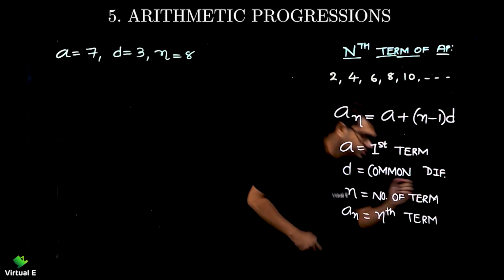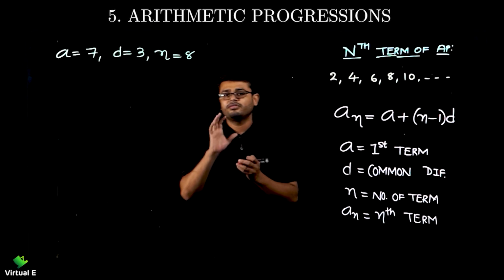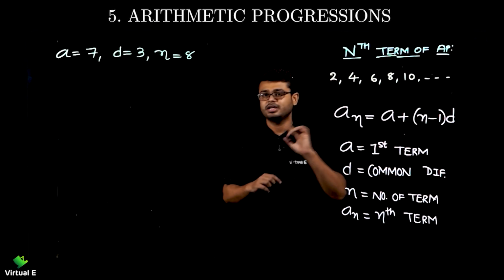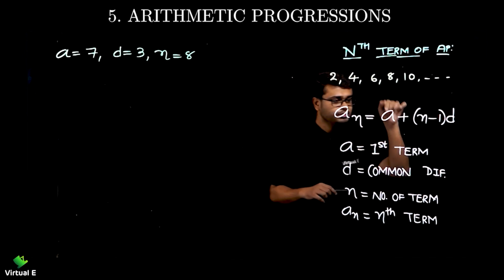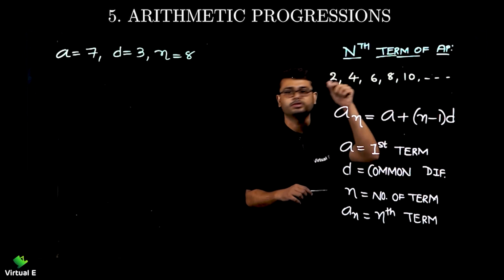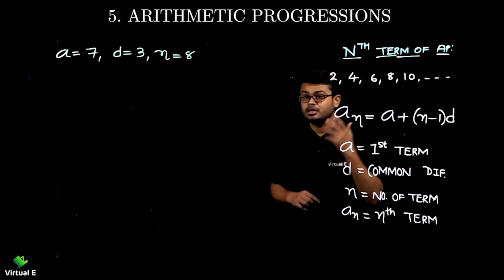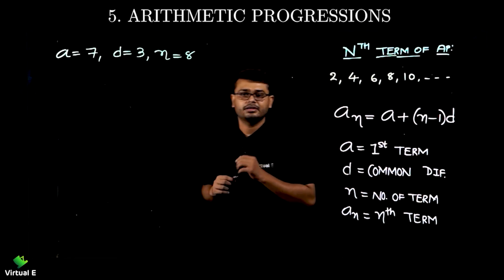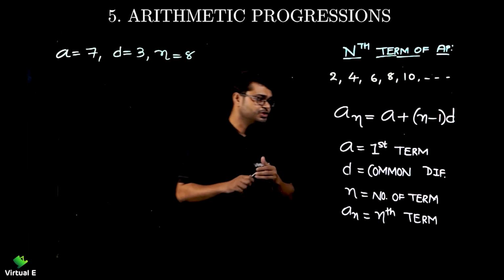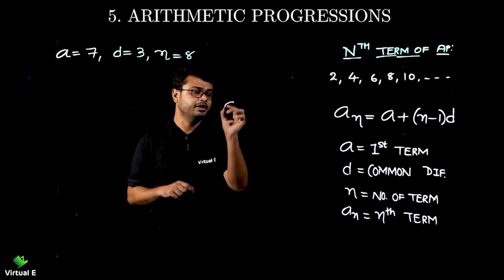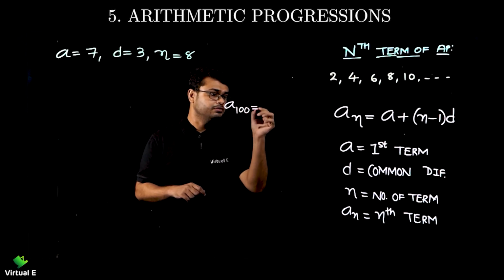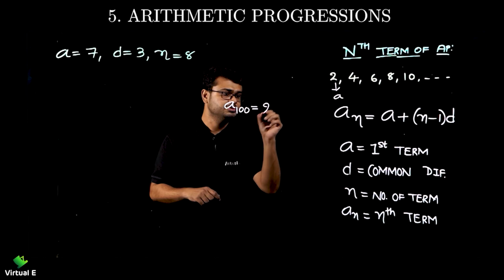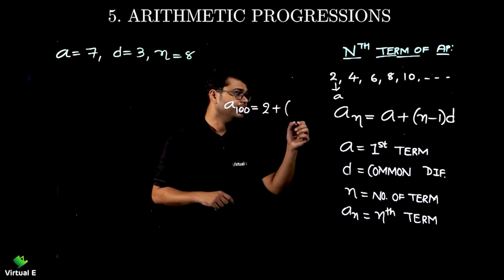Suppose we want to find the 100th term, so what will we take instead of n? That is 100. a100 is equal to a. We can take a is equal to 2, common difference is also 2. Then we can substitute and get the 100th term. That's very simple. Let's try. a100 is equal to a, the first term, so 2, plus n minus 1.